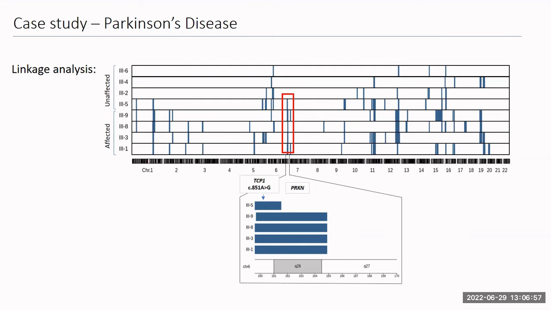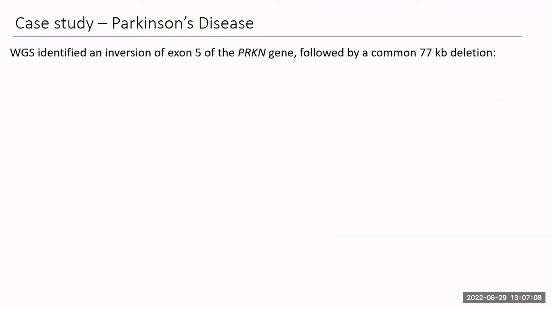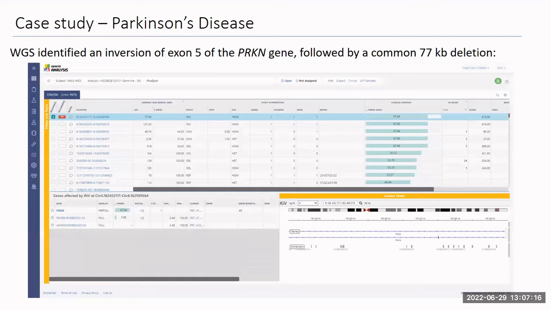At this point, after we ruled out any copy number variations in Parkin and single nucleotide variation, we immediately knew we needed to do whole genome sequencing. And that was very nice, because whole genome sequencing using the Genix analysis platform identified an inversion of exon number 5 of the Parkin gene, followed by a common 77 kb deletion.